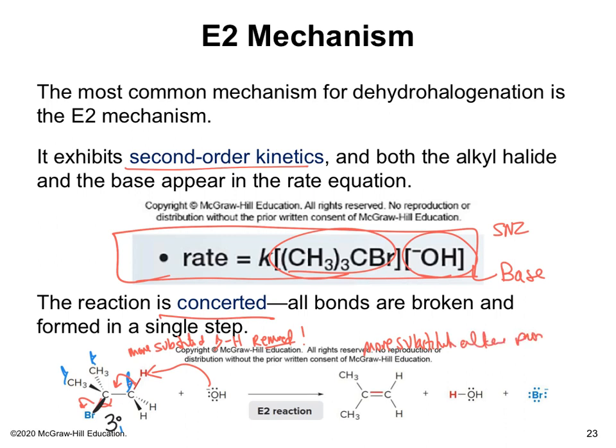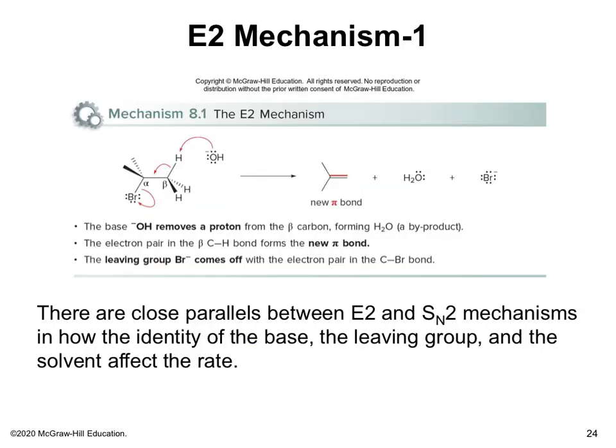Now that isn't always the case, and I'm going to show you when that doesn't happen and under what conditions, and you will be expected to know that when we come to it. That's showing you the mechanism. This is the mechanism you're expected to be able to draw, labeling your alpha and beta.